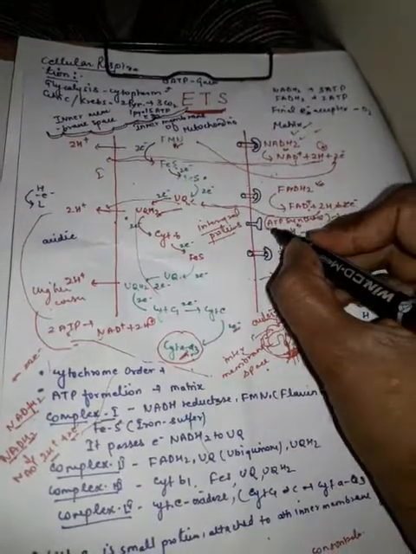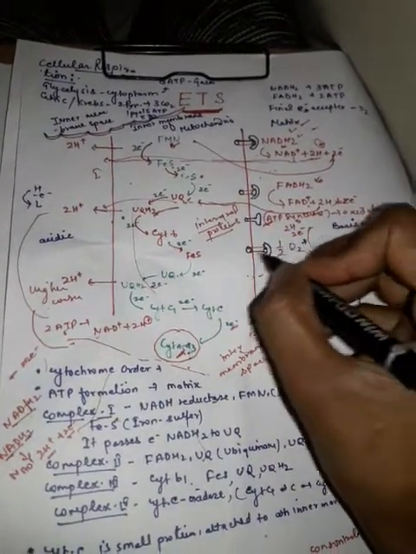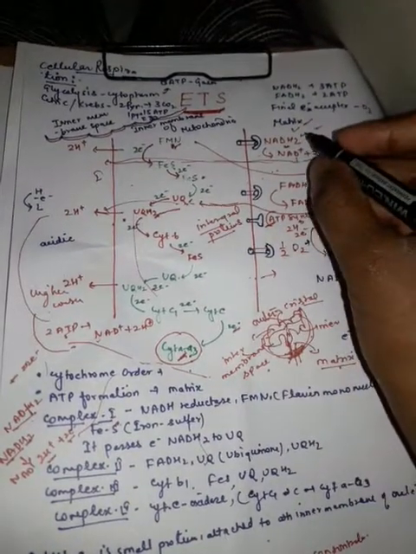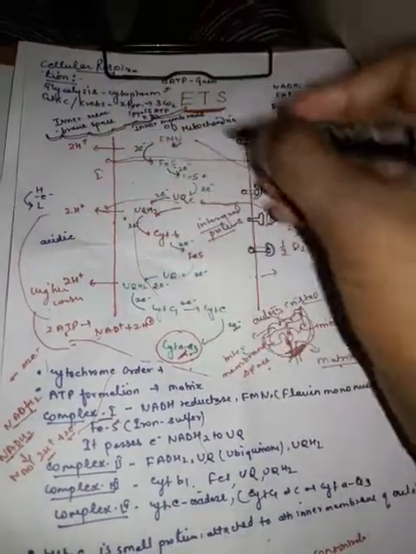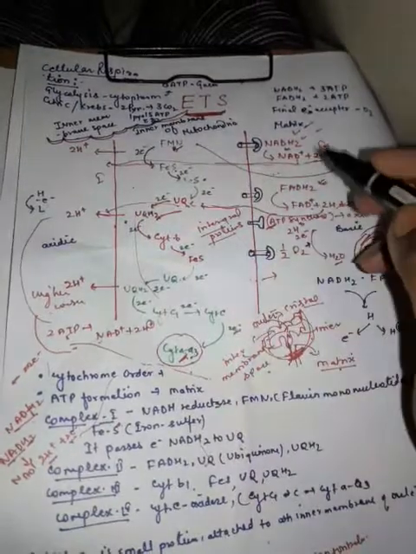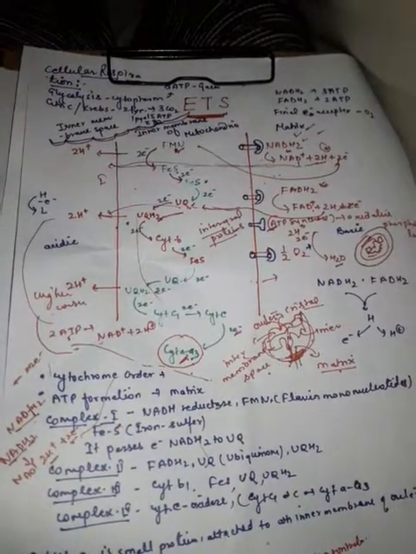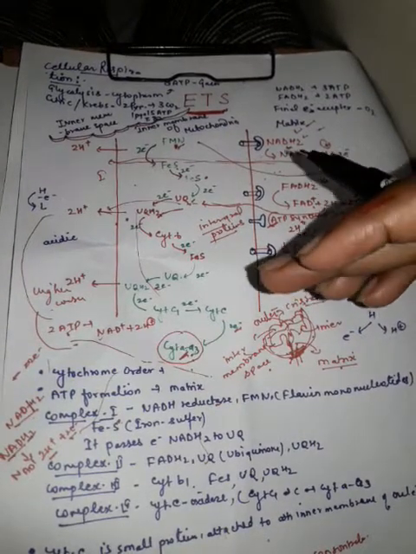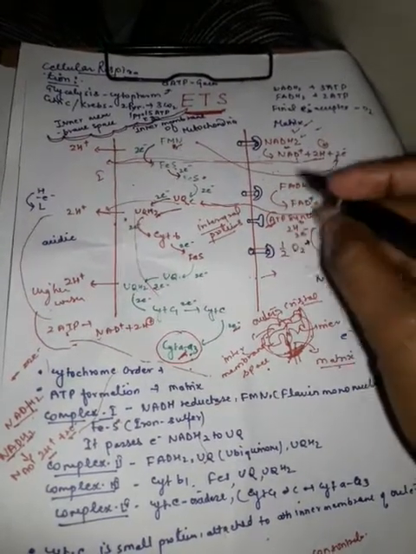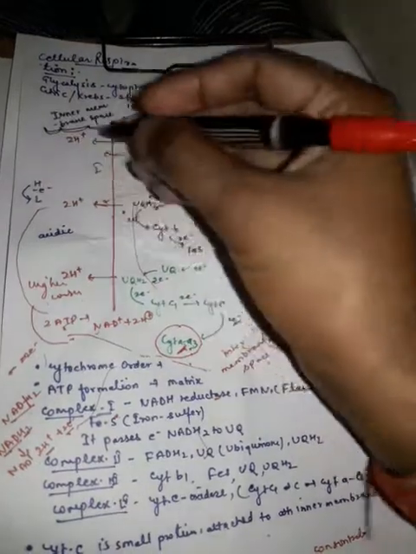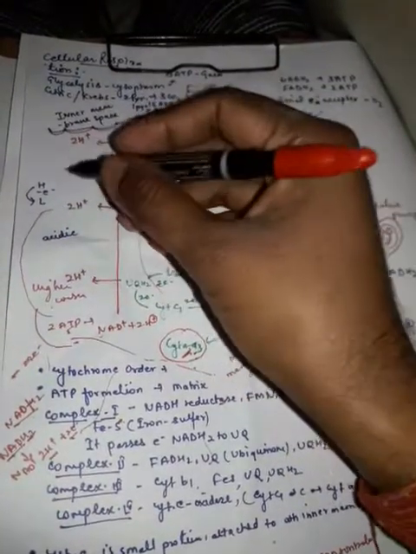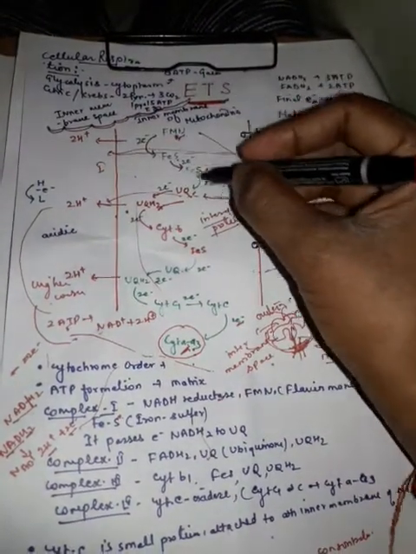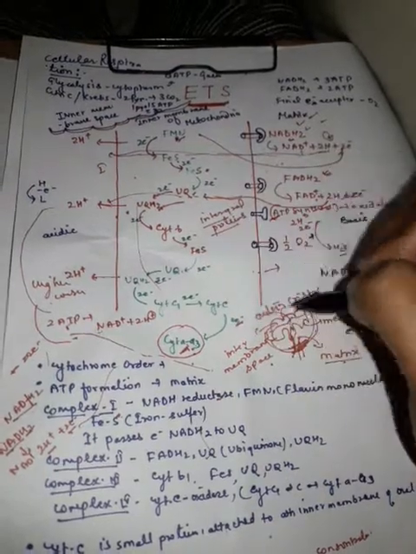The fifth complex is ATP synthetase, okay. This is the tunnel, okay. In this, hydrogen will be removed from this side, okay. This process takes place in the intermembrane space, and the hydrogen will be transferred from this one, okay. Here this is the higher concentration, this is the lower concentration, okay.